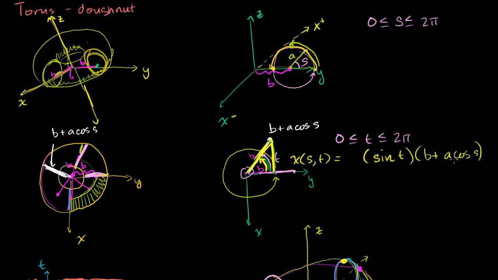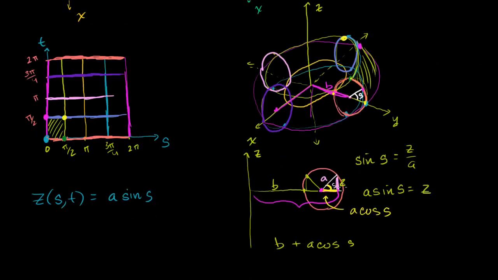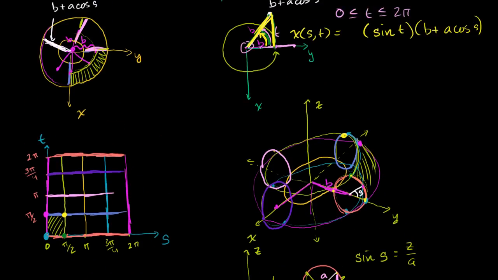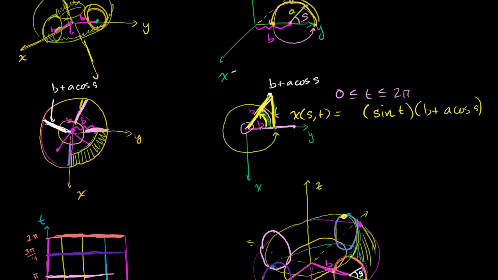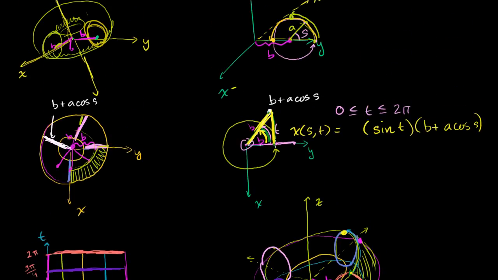That is b plus a cosine of s. We got that from this right here when we're taking a cut of the torus. That's how far we are in the xy direction at any point, or radially out without thinking about the height. And then if you want the x coordinate, you multiply it times the sine of t, the way I've set it up here.